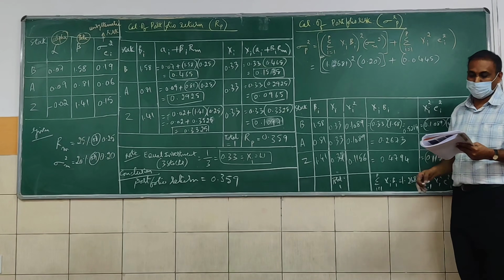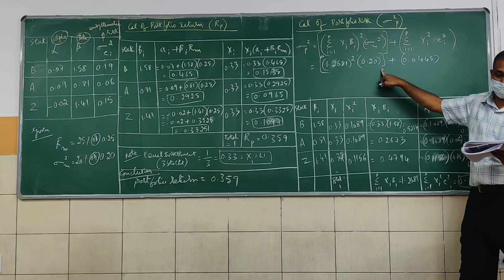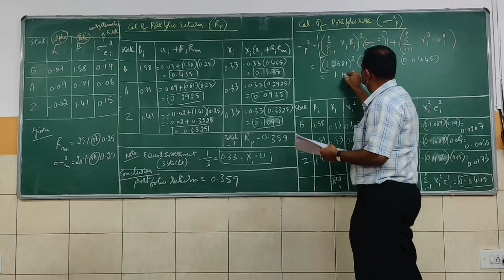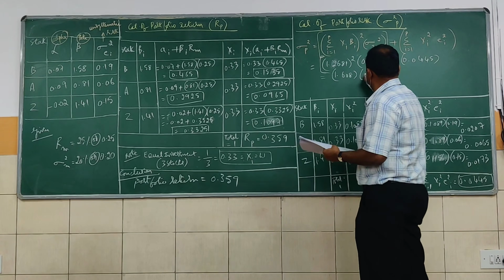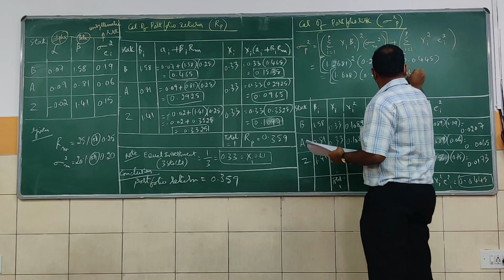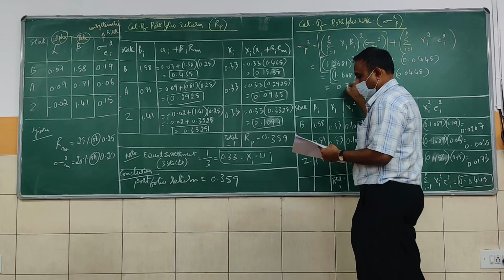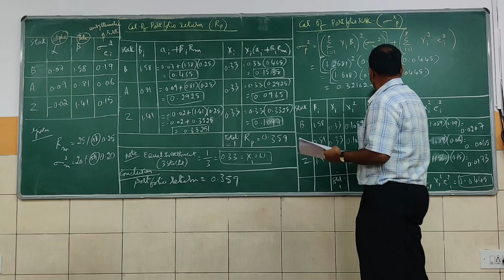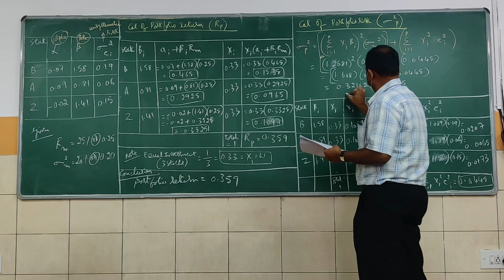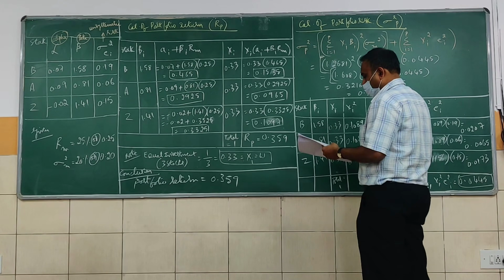So you have to square this, multiply by 0.20, you get a value, 0.3216. How much? 0.3216. Add it up. 0.3661.